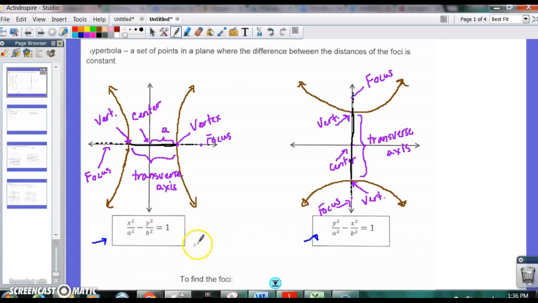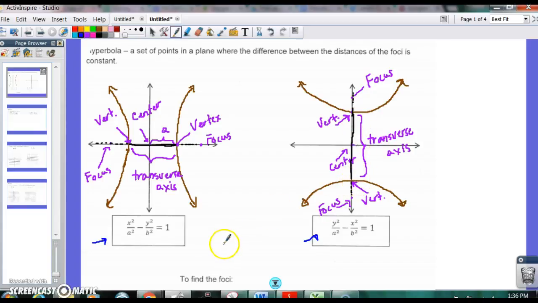And that negative in there tells you which type of hyperbola you have. If the x squared term is positive, you have a horizontal hyperbola. I call it horizontal because the transverse axis is horizontal. If the y squared term is positive, you have a vertical hyperbola because that transverse axis is vertical.